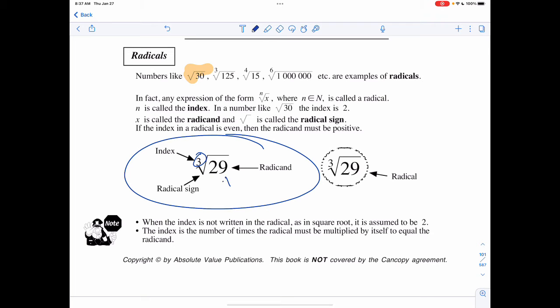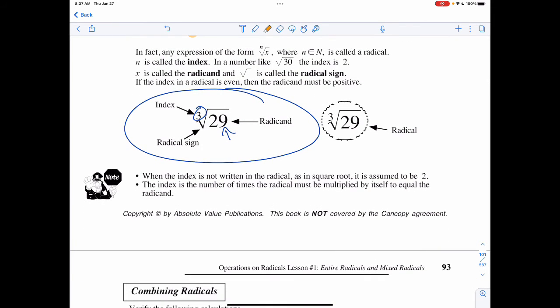There's the radicand, which is the number that we're reducing, or whatever exists inside. And then there's the radical sign. This entire thing makes up a radical. Most of you already know this, but if an index is not written, it's a square root, and there's just an imaginary 2 there.